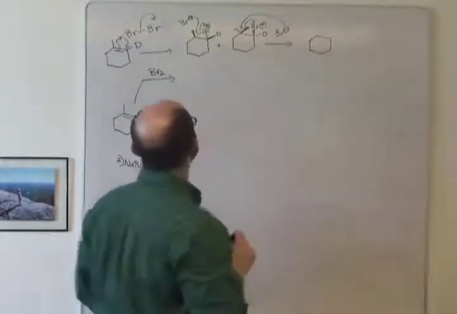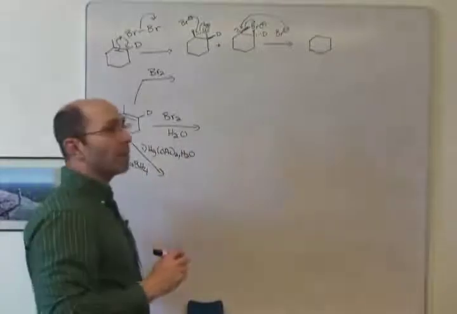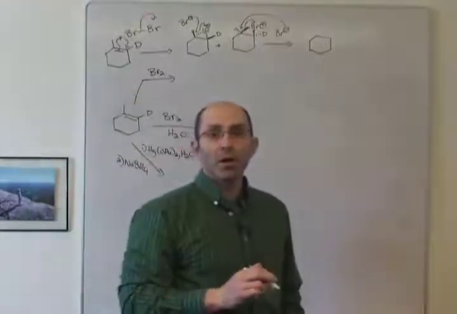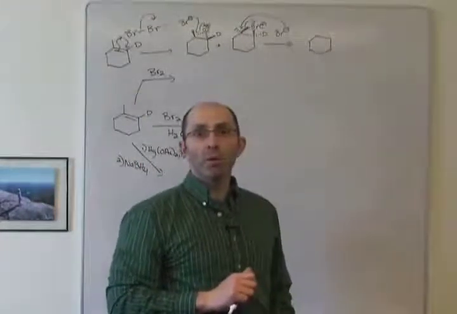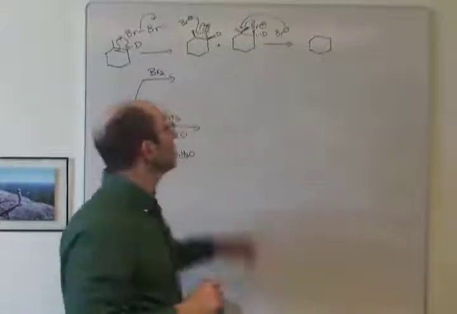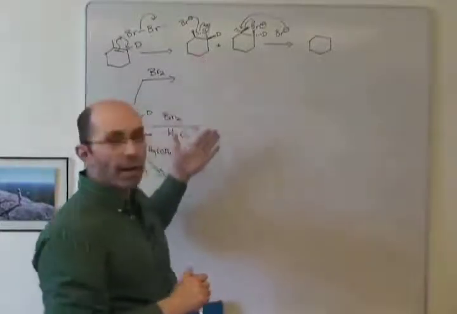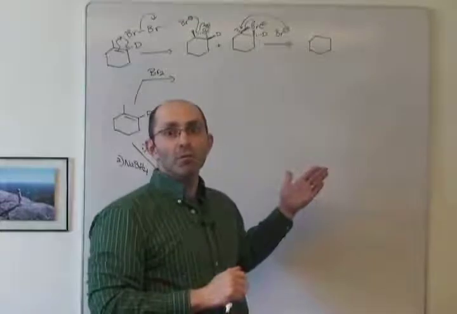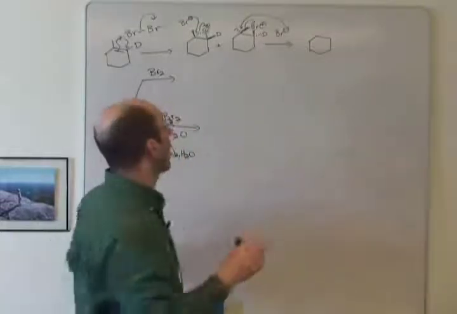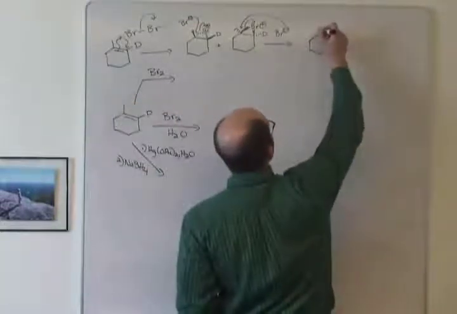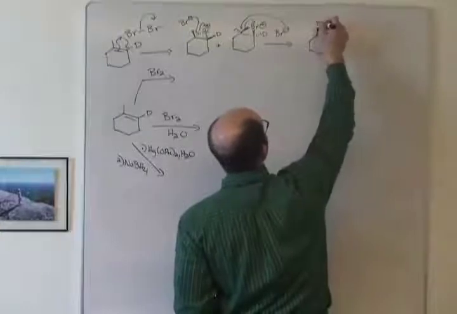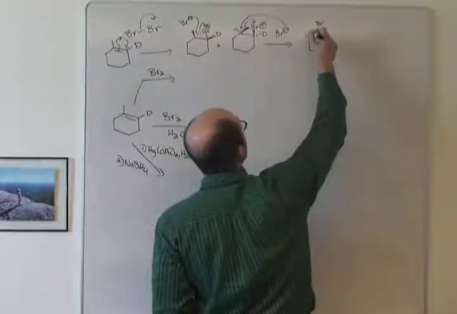So if Br minus adds, hopefully it's clear that it's going to add from the side opposite of where the cyclic bromonium bromine is, right? So in the one on the left, the bromine is in the back. It's going to block that face from attack by Br minus, so Br minus is going to add from the front. So in this carbon, we're going to have the Br coming out. That pushes the methyl group back.